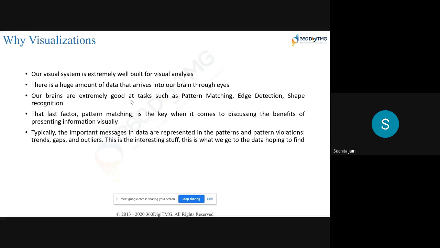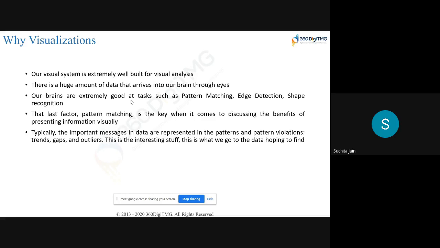Anything which has a similar shape. For example, when we were kids, we used to learn shapes: square, circle, triangle. That's how our brain is processed. Our brain processes very well when we look at different patterns and colors. The last factor, pattern matching, is the key when it comes to discussing the benefits of presenting information visually.